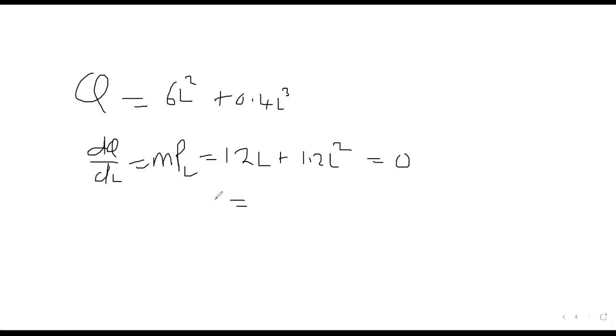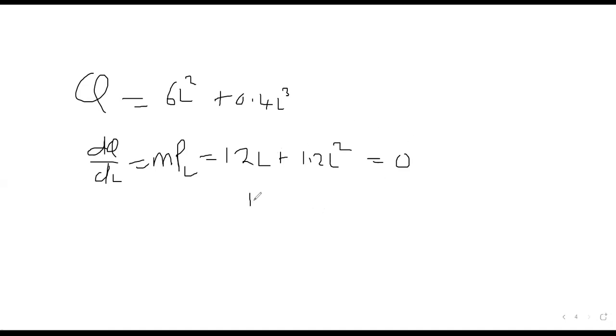So what are we going to have? We can factor out what is common: 12 and L. We can factor out 1.2 and L. I'm confused. What have you done? I'm just factoring out. Okay, let me simplify this for you.